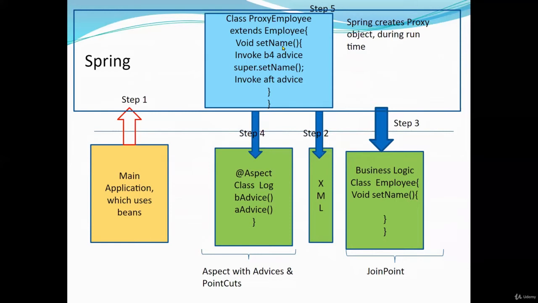Similarly, our get ID, which we have used, is being overridden. Based on the point cut expression, one or more advices are invoked appropriately. So we are not writing the code of invoking that logging. Spring is writing that for us.